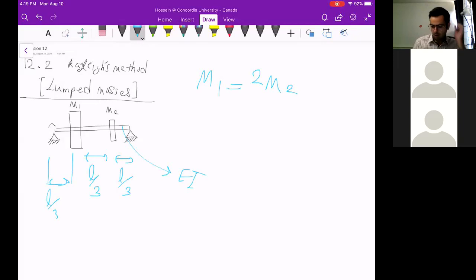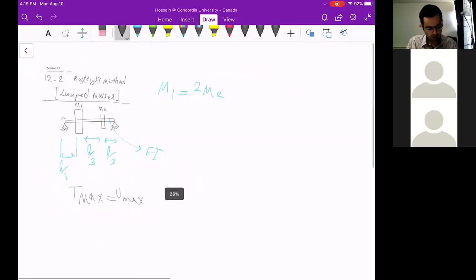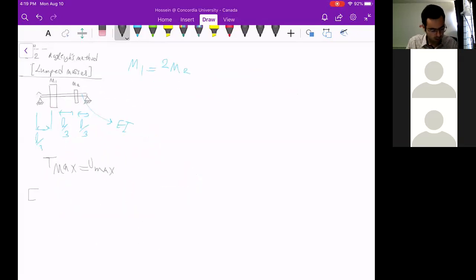For the Rayleigh approach, for lumped masses, the maximum kinetic energy is going to be equal to the maximum potential energy for all masses, according to equation 12.1.17.